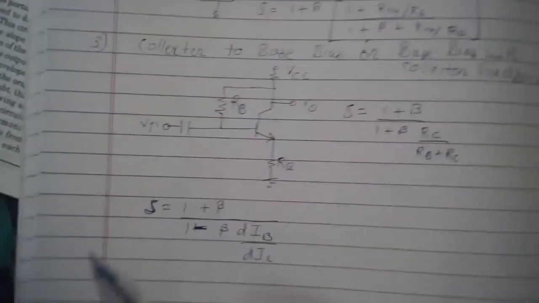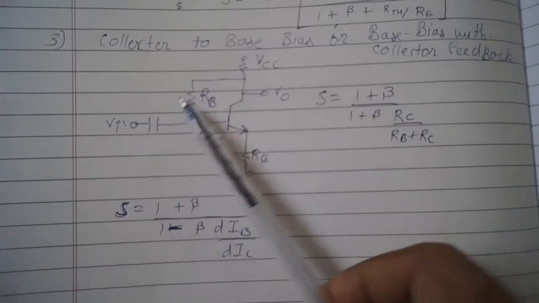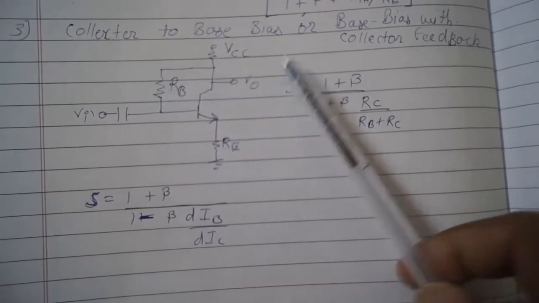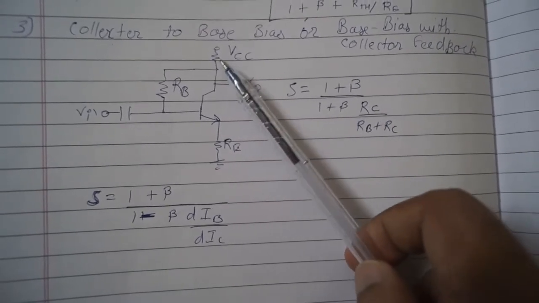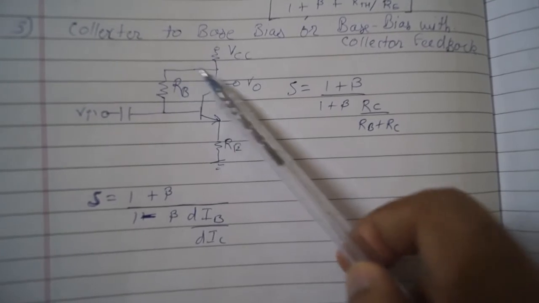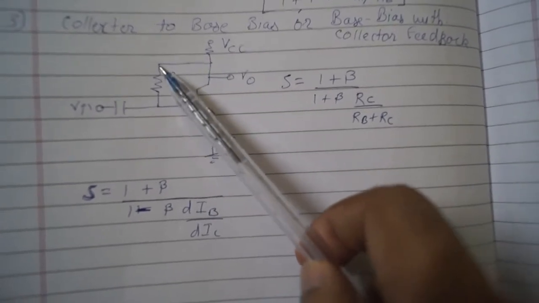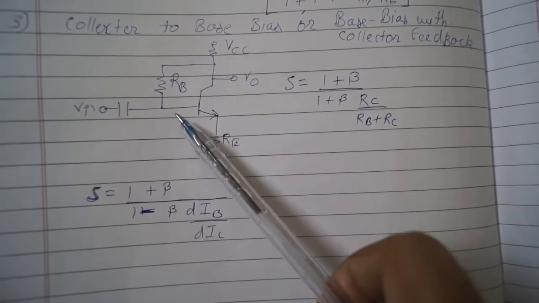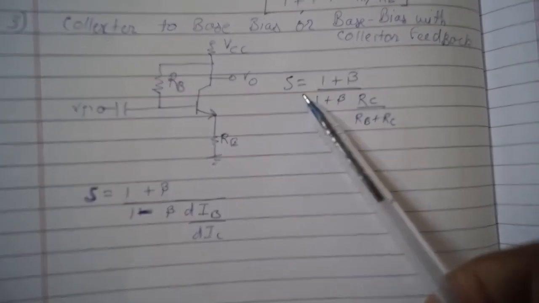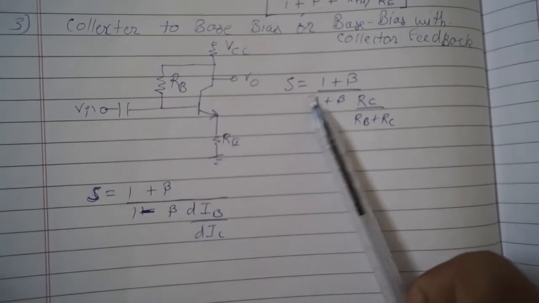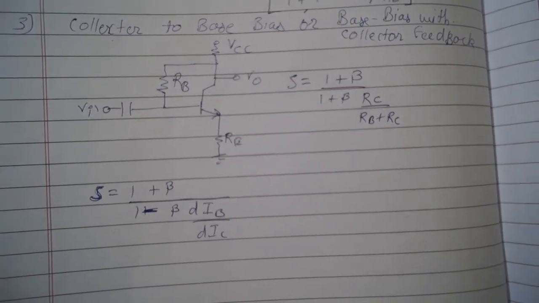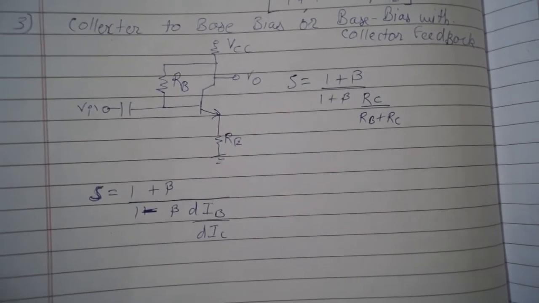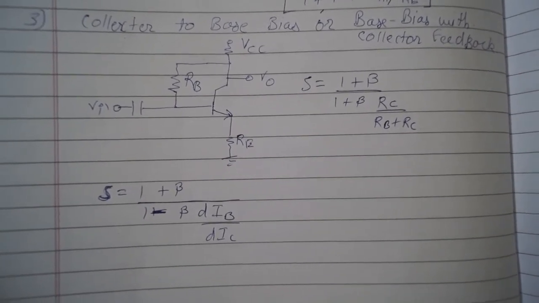The third type of biasing is collector to base bias, or base bias with collector feedback. Here you can see that the collector voltage is fed back into the base. So S equals 1 plus beta divided by 1 plus beta times RC, collector resistance, divided by base resistance plus collector resistance.